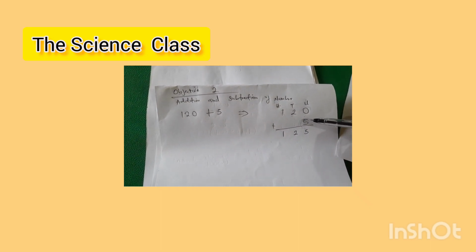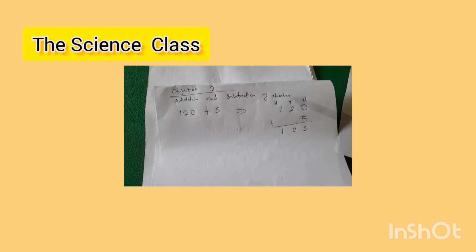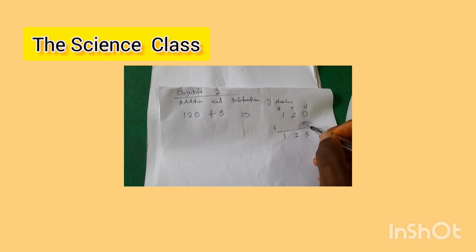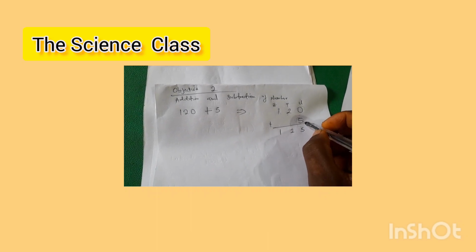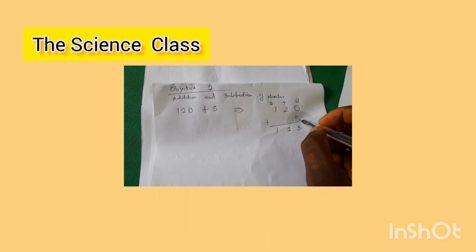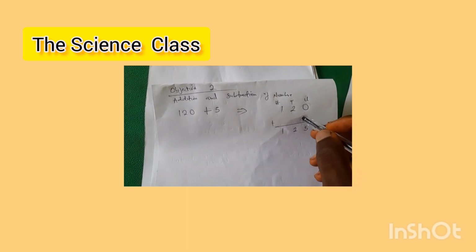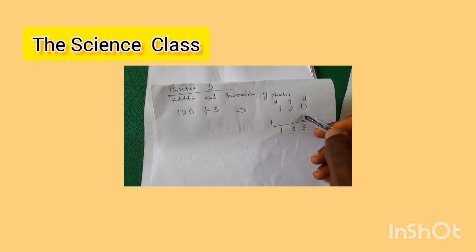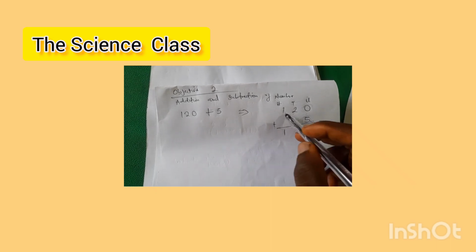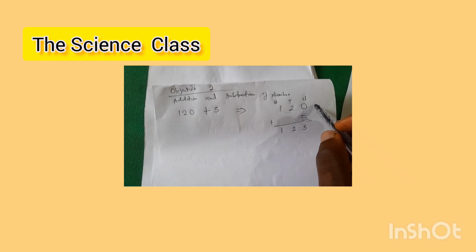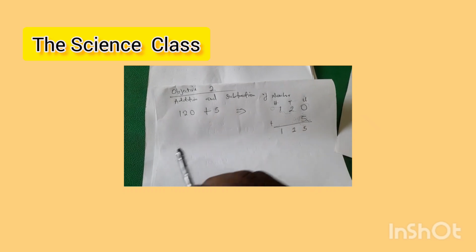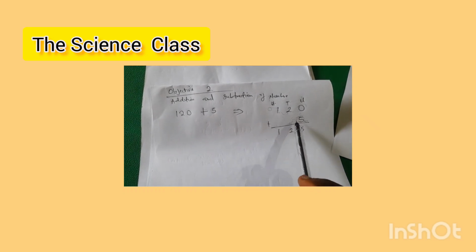There is always an imaginary 0 after any number that does not have a decimal. This is like 5.0, for example, and this is like 120.0. There's an imaginary 0 here, and an imaginary 0 after the 5.